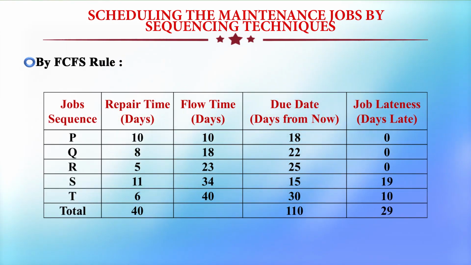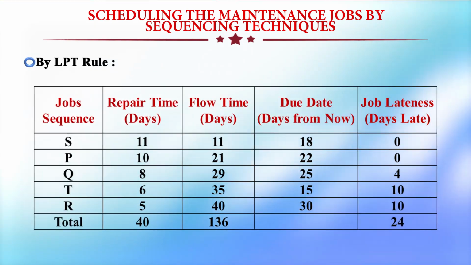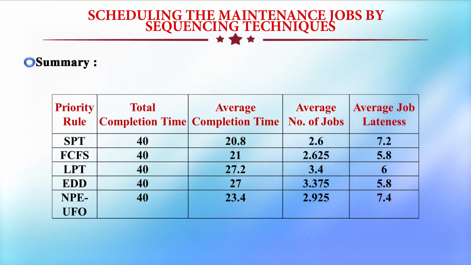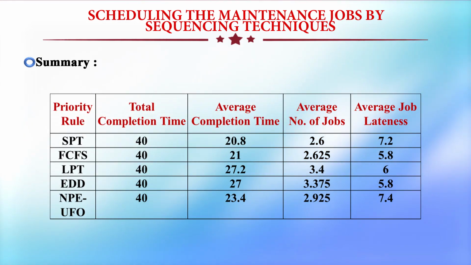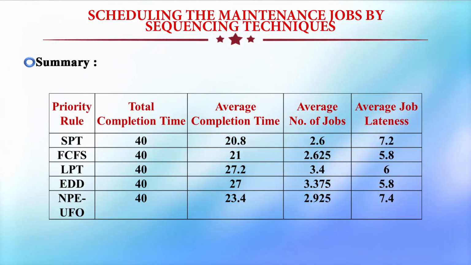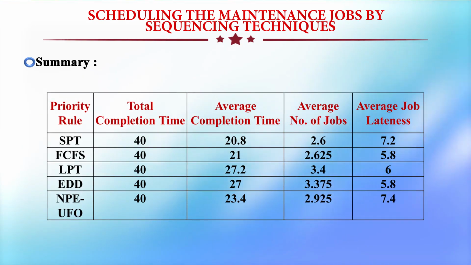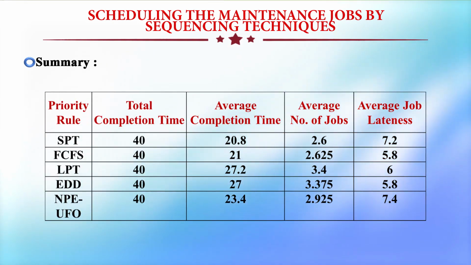We have to calculate for each rule, LPT rule also, and then make a summary. For all the rules, SPT rule, first come first serve rule, LPT rule, EDD rule and the last in first out rule, you can see that the SPT rule completion time is only 20.8 days.